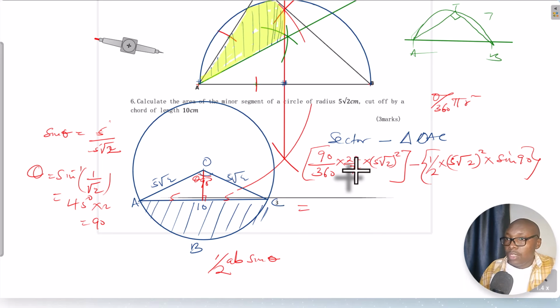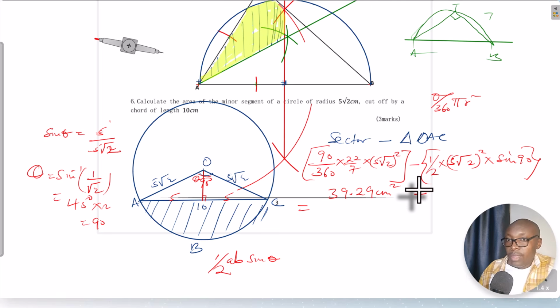So let us work out these. This one will be 90 multiplied by 22, then 5√2 squared will be 5 squared, that is 25, times √2 squared, that will be 50. Then divided by 360 divided by 7, that will give 39.29 centimeters squared.